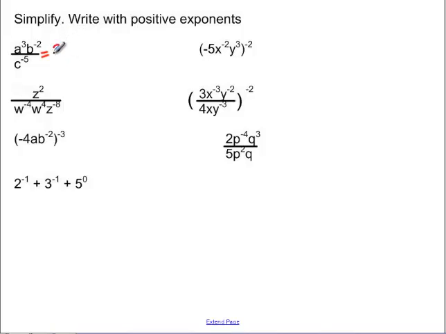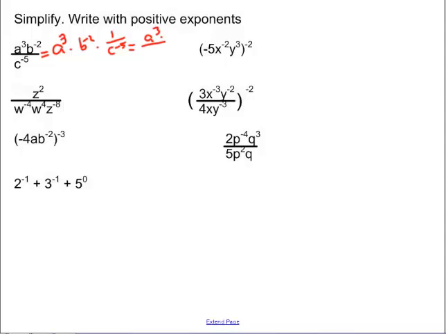So we say this is a cubed times b to the negative 2 power times 1 over c to the negative 5 power. We can apply some rules here. Let's go the long way.